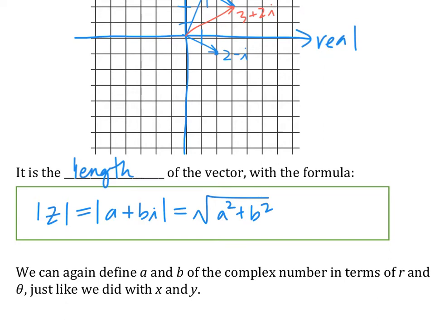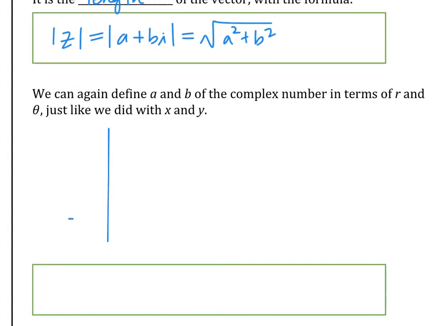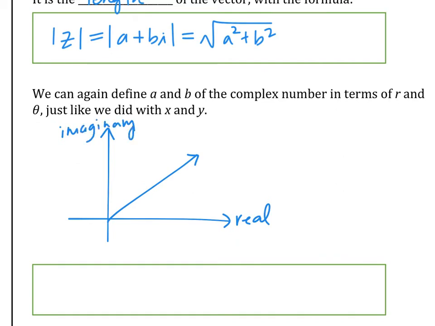So we're going to break down this complex number vector into its component form again, just like a vector. So let's say that this is my complex number vector, and this is the real part, and this is the imaginary part. And there's some angle in between.